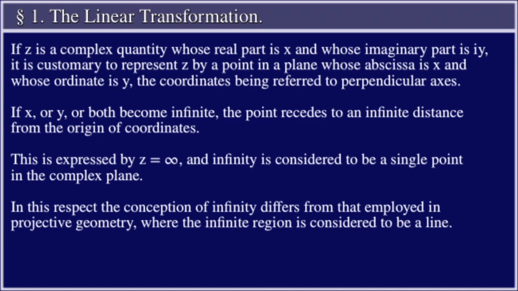If x or y or both become infinite, the point recedes to an infinite distance from the origin of coordinates. This is expressed by z equal to infinity, and infinity is considered to be a single point in the complex plane. In this respect, the conception of infinity differs from that employed in projective geometry, where the infinite region is considered to be a line.